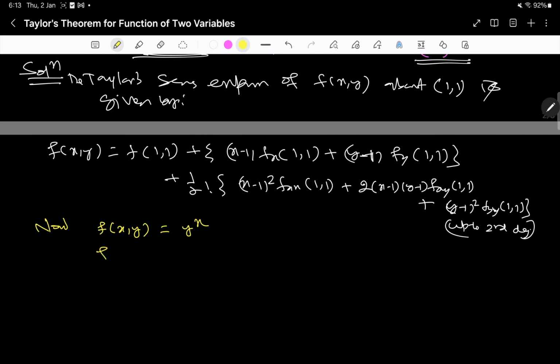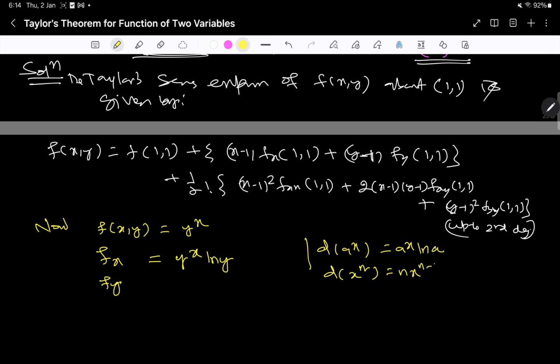Now what is fx? The derivative of a to the power x is a to the power x ln a. So here y is my a, so fx is y to the power x ln y. And what is your fy? The derivative of x to the power n is n x to the power n minus 1.